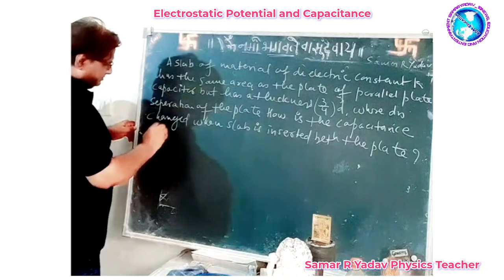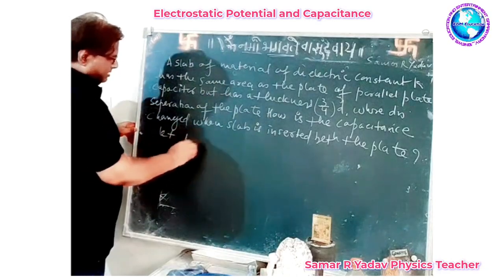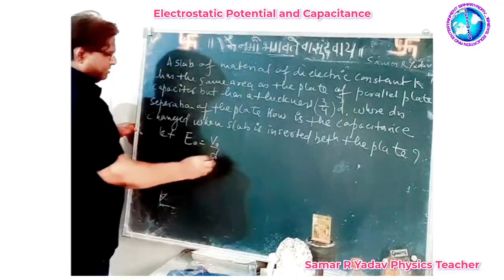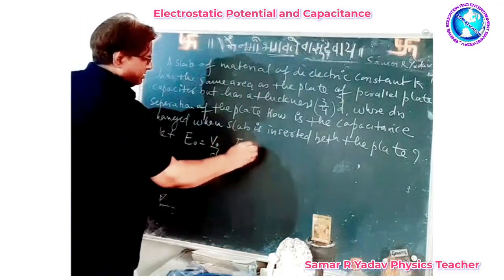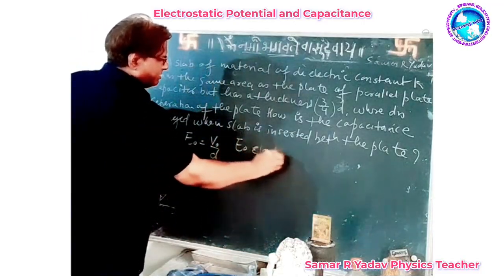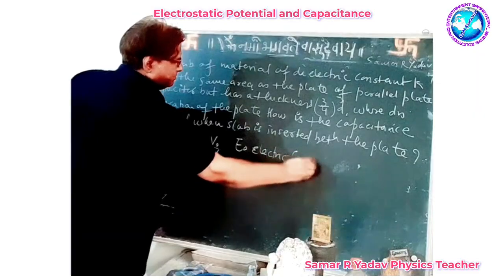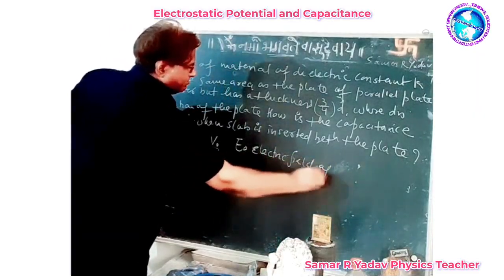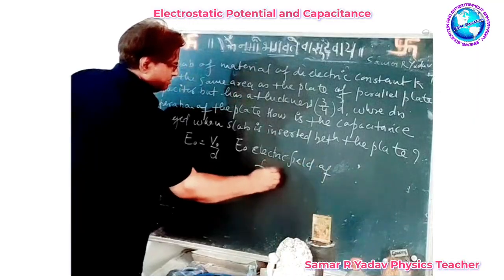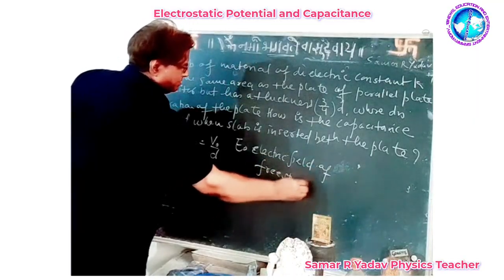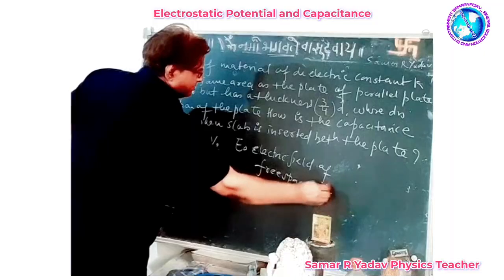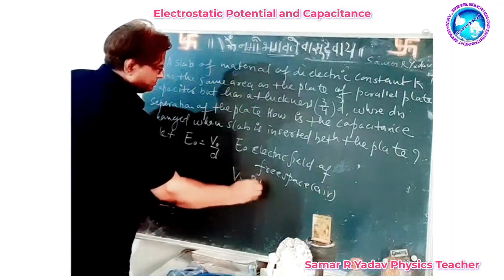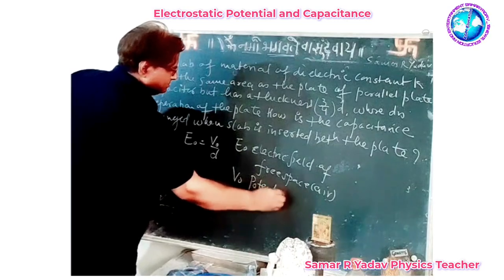Now let E0 is equal to V0 upon d, where E0 is the electric field of free space or air, and V0 is the potential difference.